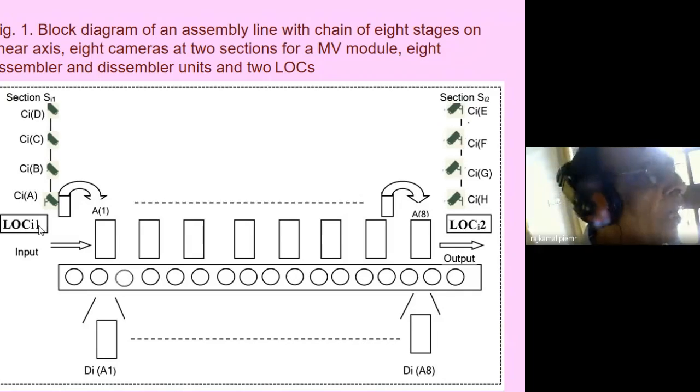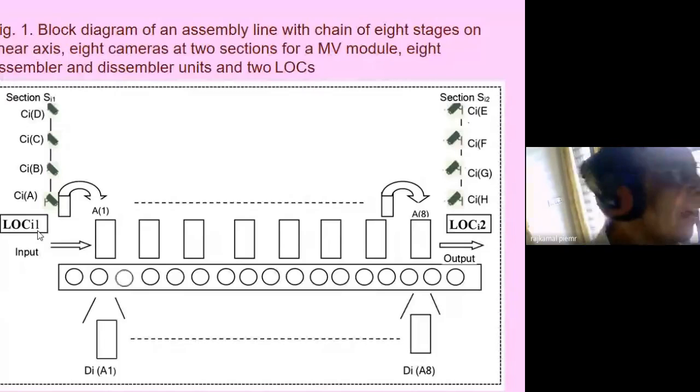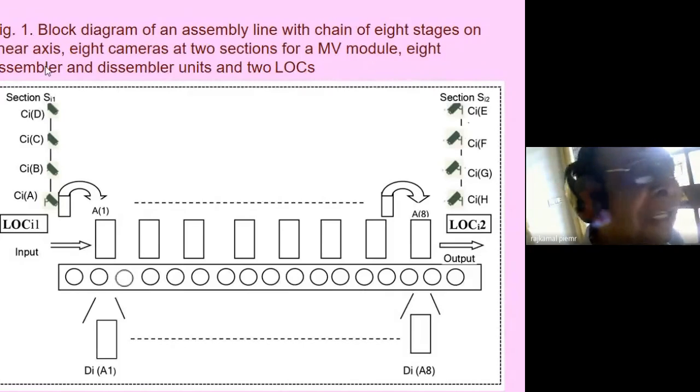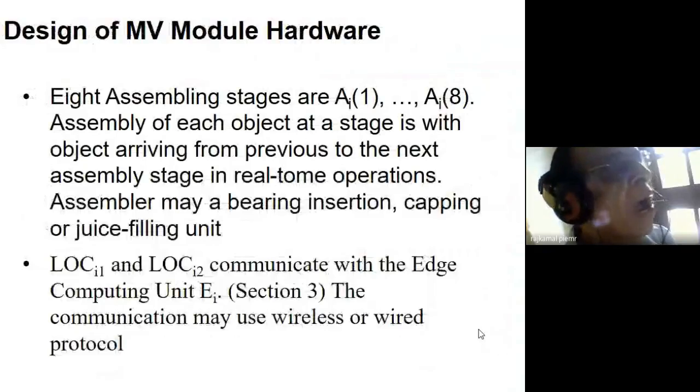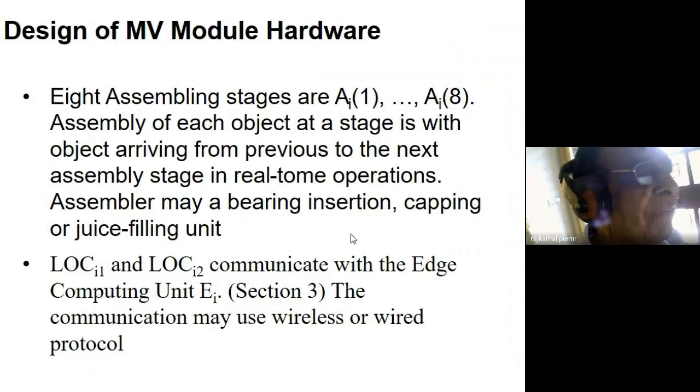The purpose of a local computing unit is to communicate the data from these images to stage number 2, the next stage. So the hardware will consist of assemblers and disassemblers. The disassembler sometimes means a robot which will remove the component from the assembly line, and so local computing, LOC, will communicate with the edge computing.